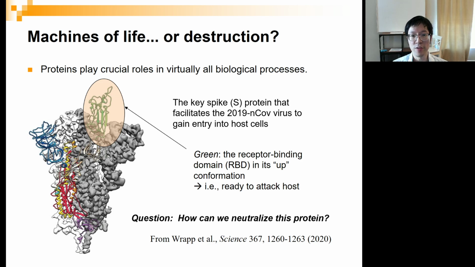Another reason we've now learned why the novel coronavirus is more deadly in some sense than SARS is that this receptor actually binds more strongly to the host cell in the novel coronavirus compared to SARS. So that's another structural difference that scientists have now elucidated.